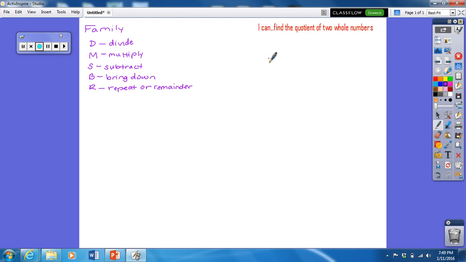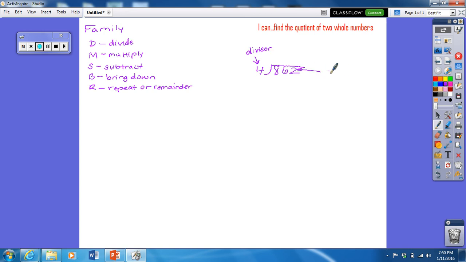Okay, our division problem today is going to be 862 divided by 4. Our first step is to divide, and with that first step we need to list the multiples of our divisor. Remember, this is our divisor, the number outside the house.